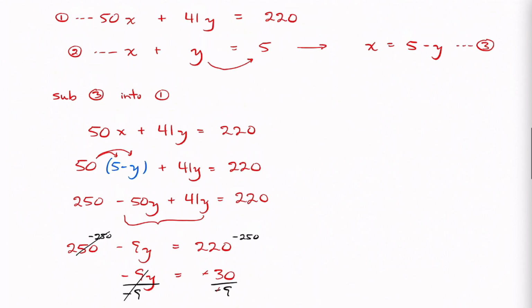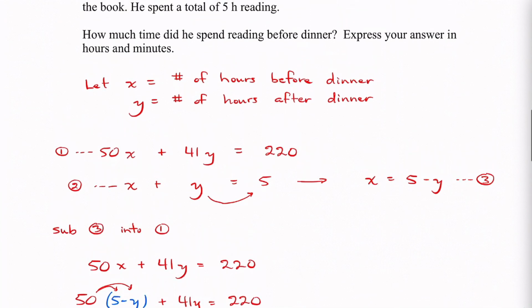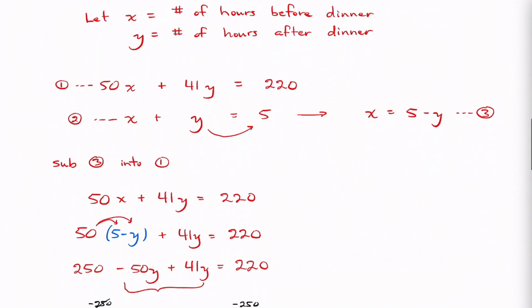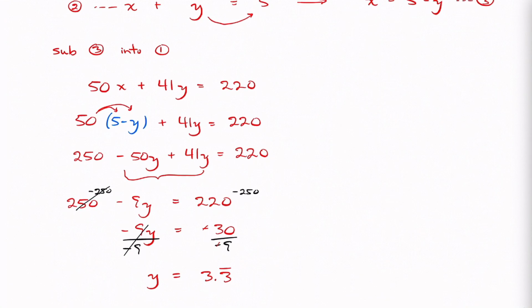Now y, we had said up top here, is the number of hours after dinner, and it said how much time did he spend reading before dinner. So what I'll do is convert the time that we just got into hours and minutes, and then I'll be able to know how much time he spent before dinner. So 3.3 repeating is really like 3 plus 0.3 repeating.